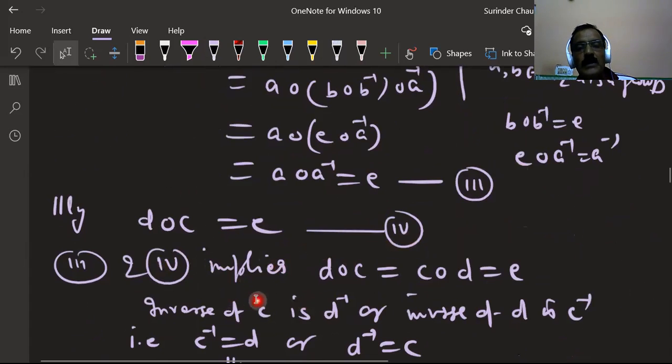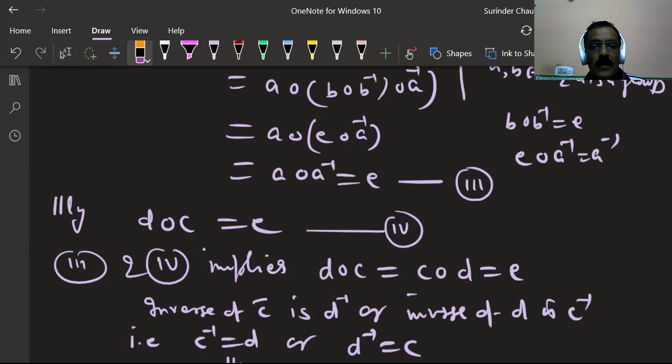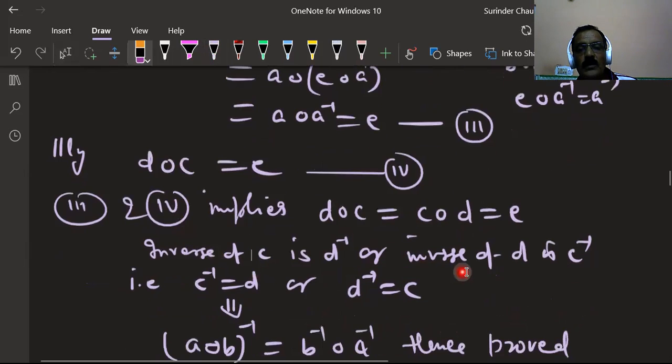Then the third and fourth equations imply that d composition c equals c composition d equals E. Again, the interpretation of this is that the inverse of c is d, and the inverse of d is c. So c inverse is equal to d, that is, the inverse of c is d.